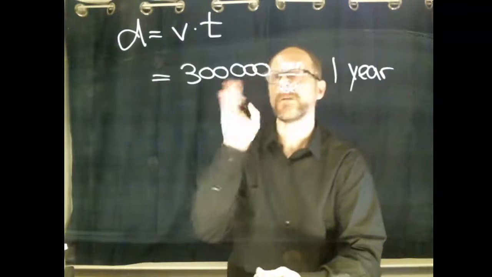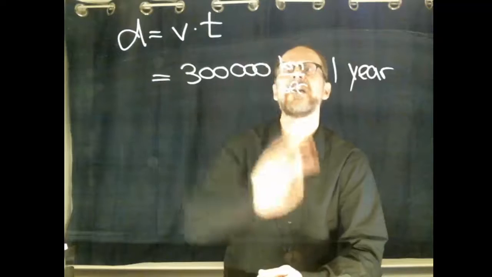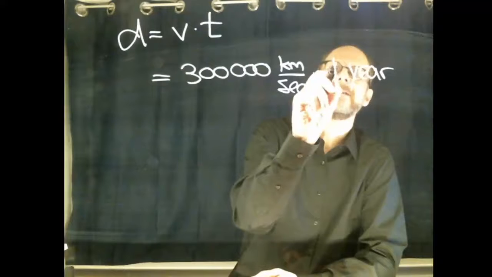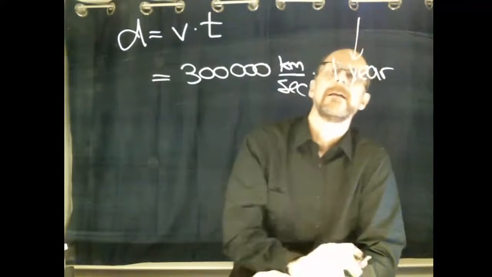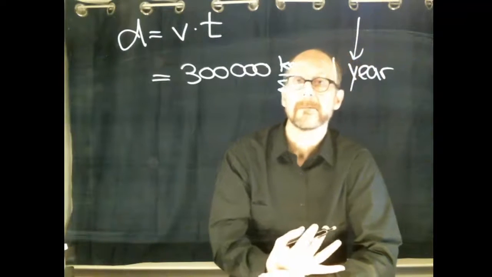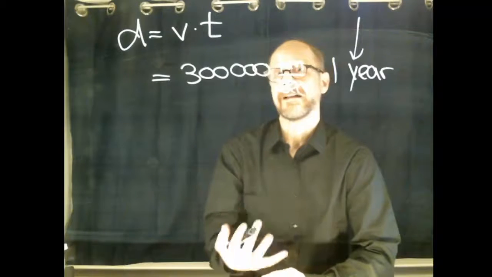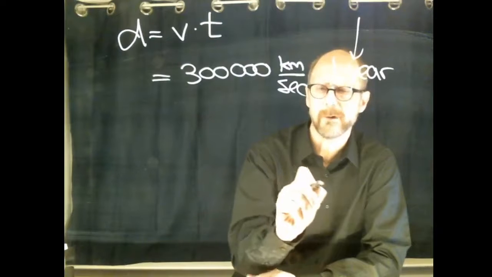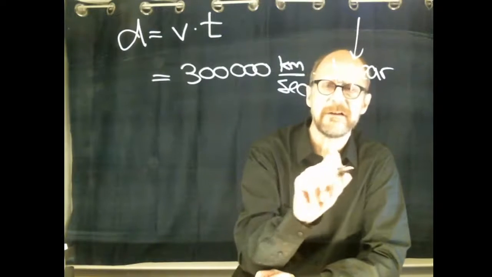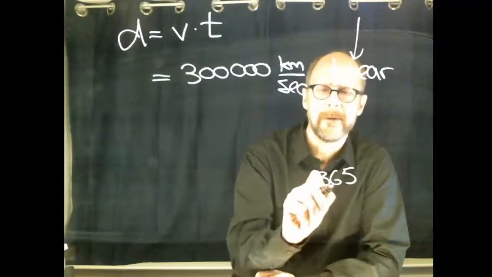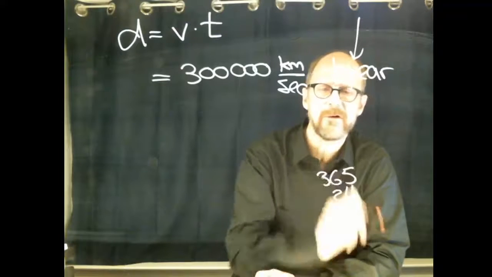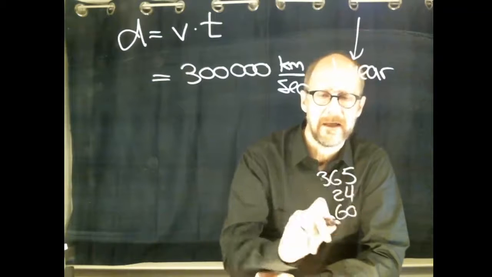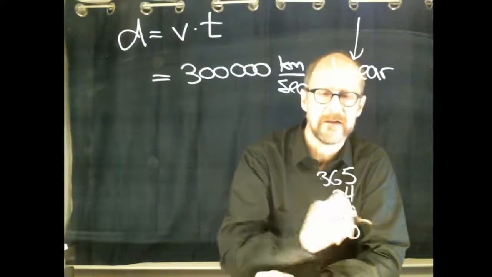But we've got a problem here. We've got kilometers per second as our units, but we're multiplying by years. So I can't use years. I have to plug in for the time the number of seconds in a year. So I'm going to do a little calculation. There's 365 days in a year, and there's 24 hours in a day, and each hour is 60 minutes, and each minute is 60 seconds.